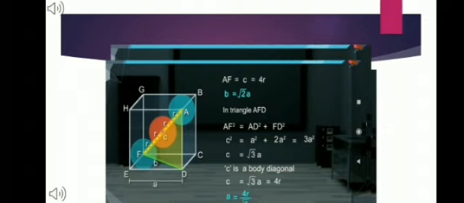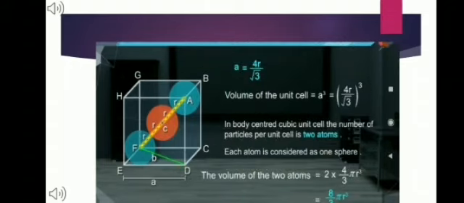C is the body diagonal. Now C equals square root of 3A, that is equal to 4R. So A will be equal to 4R upon square root of 3. Now volume of the unit cell is A cube, that is equal to 4R upon root 3 whole cube.